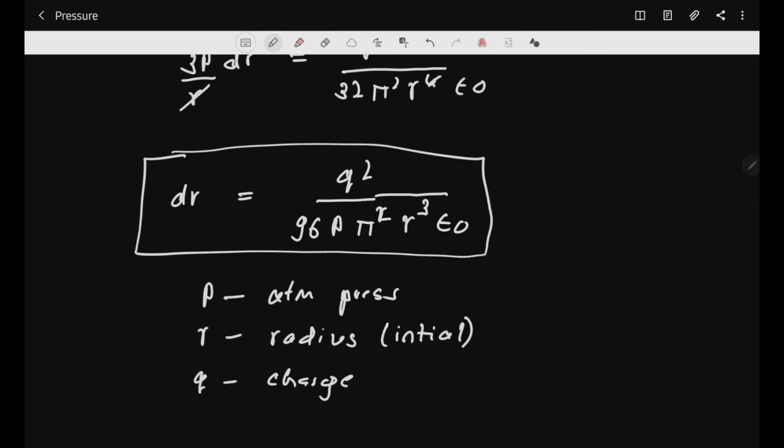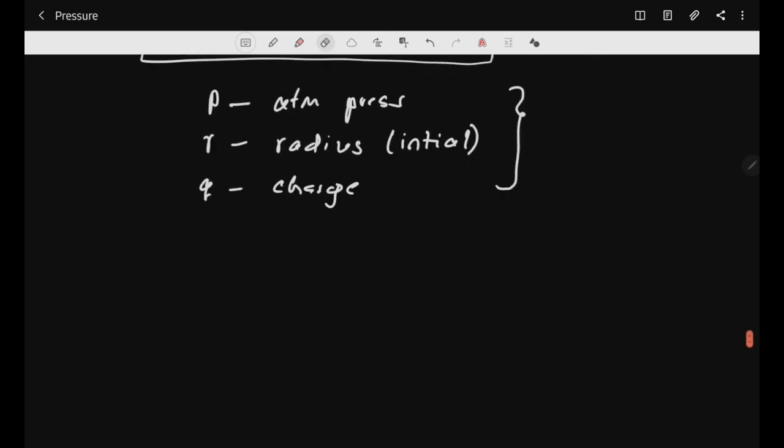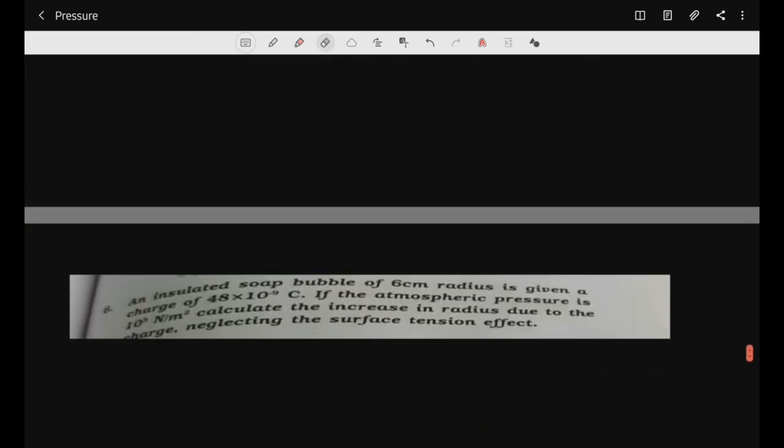So using this equation we can easily find the change in the radius, dr. Now let us try to solve a problem based on this.